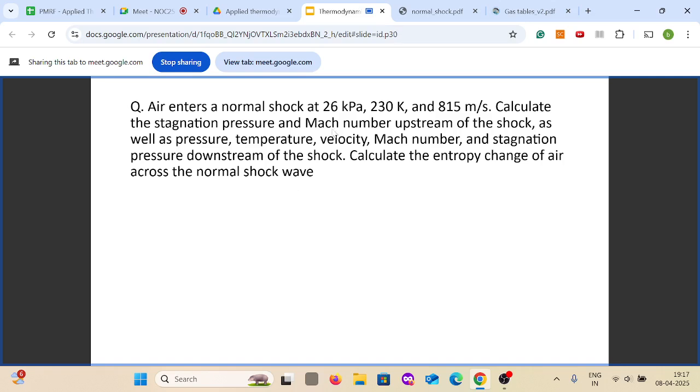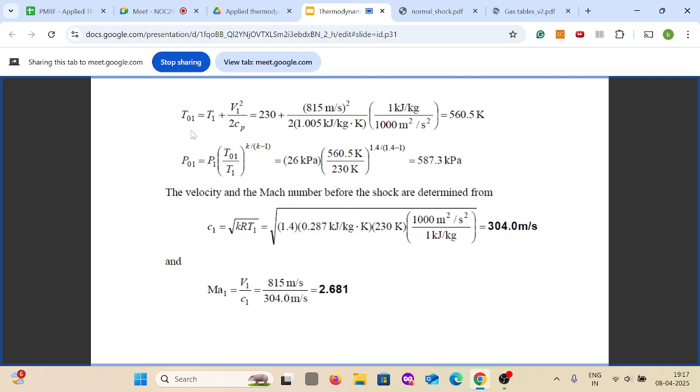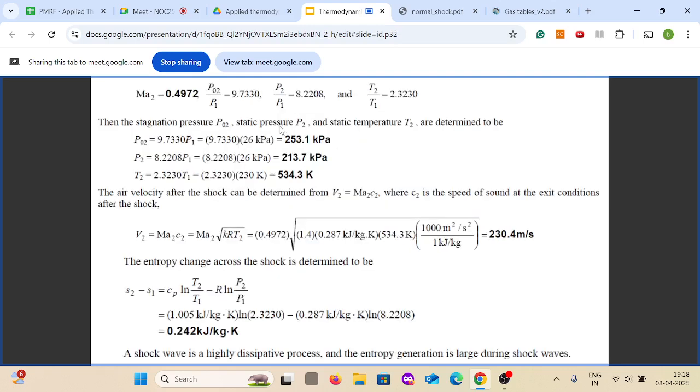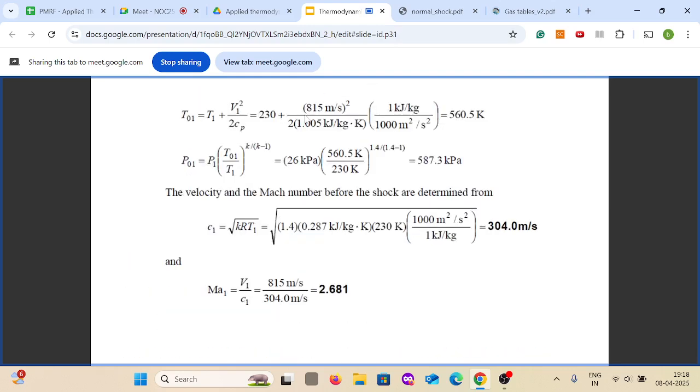So initially we will find the initial stagnation temperature and pressure upstream. So T01 is T1 plus V1 square by 2 Cp. Substituting the values, T1 is 230 Kelvin, so 230 plus velocity 815 meters per second, 815 square divided by 2 into Cp, which is 1.005 into 1000.